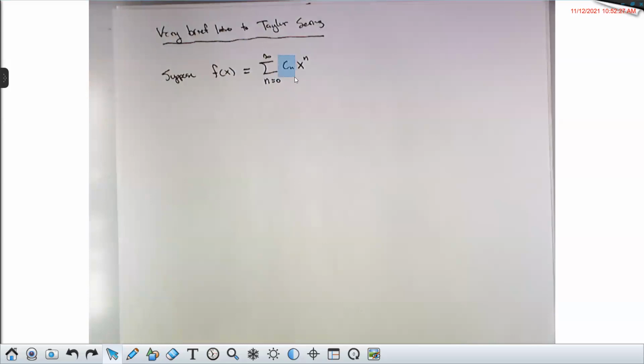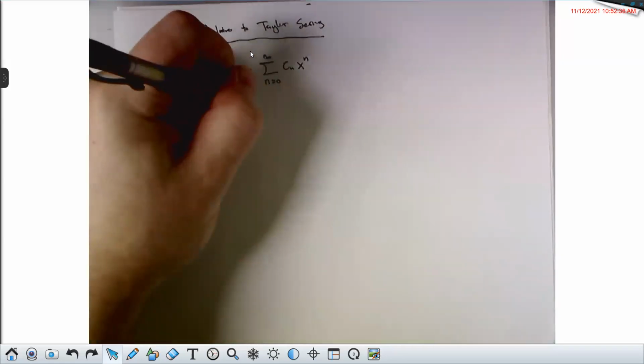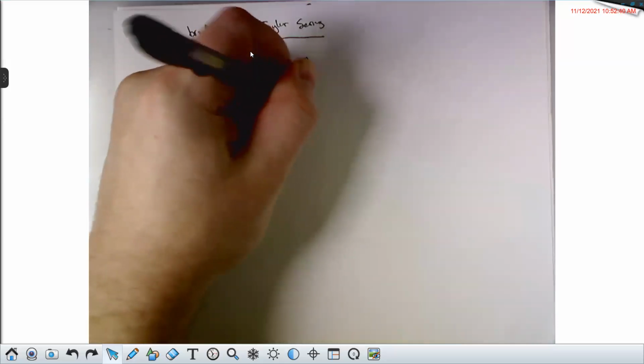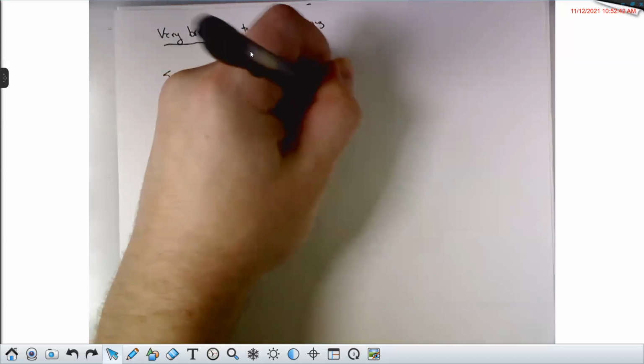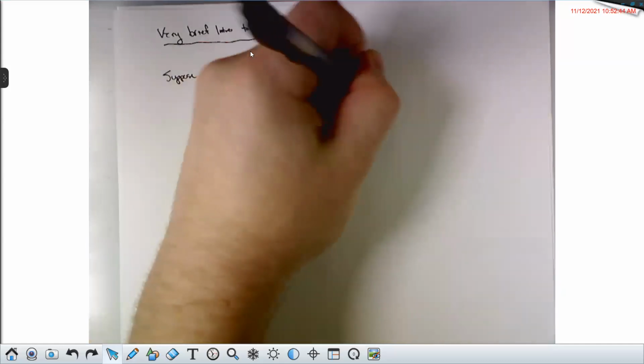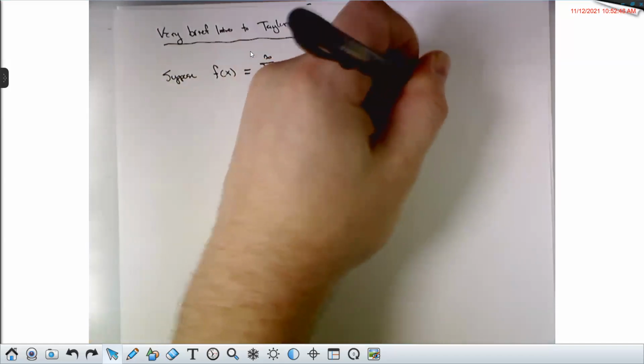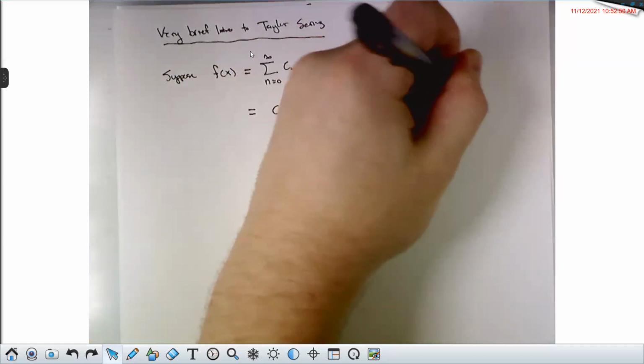But maybe I don't know what the coefficients are, and I'd like to find these coefficients. We can write out the terms of this power series. That's c_0 plus c_1 x plus c_2 x squared plus c_3 x cubed plus c_4 x to the 4, and so on.